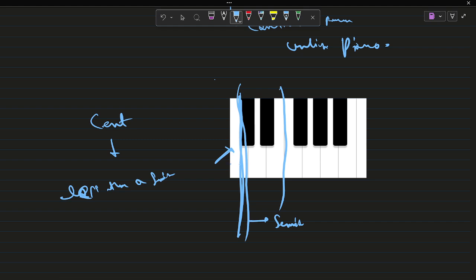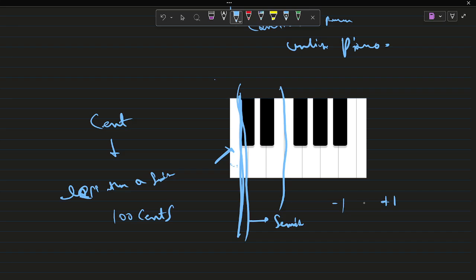We can divide a particular note into some number of cents. For 12 tone equal temperament, we actually divide it into 100 cents, right? So each cent gets incremented by +1 or decremented by -1.